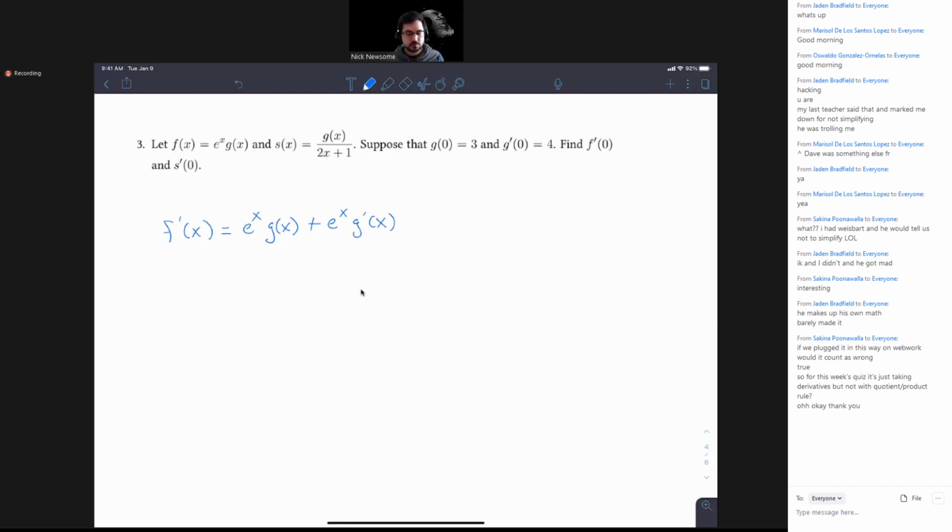Just another product rule. And then we'll do the same trick. If I want to know what f prime of 0 is, all I have to do is plug in 0 everywhere.